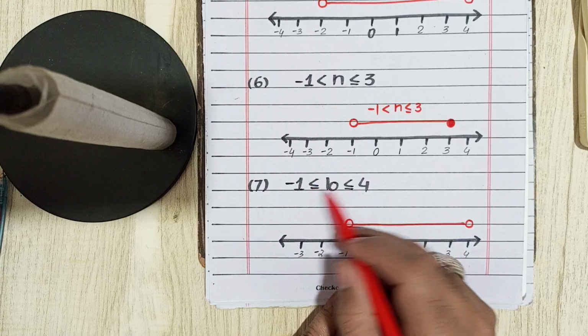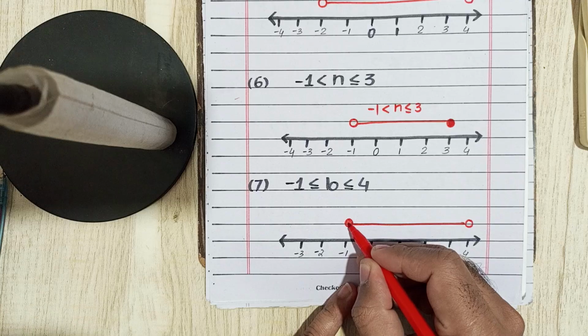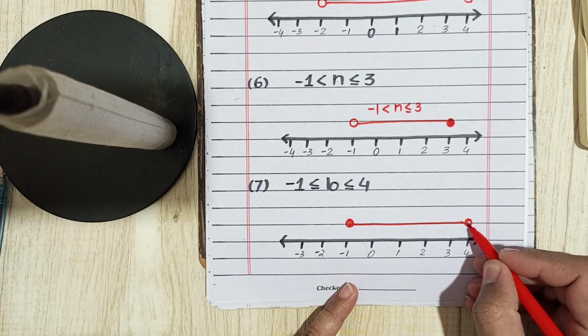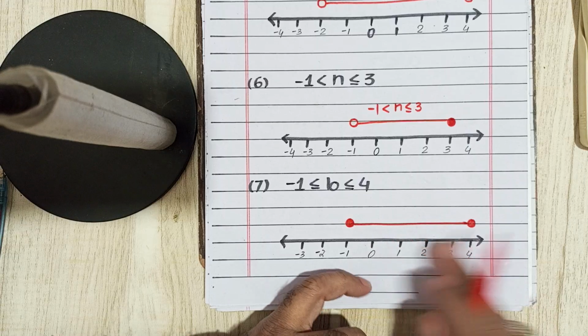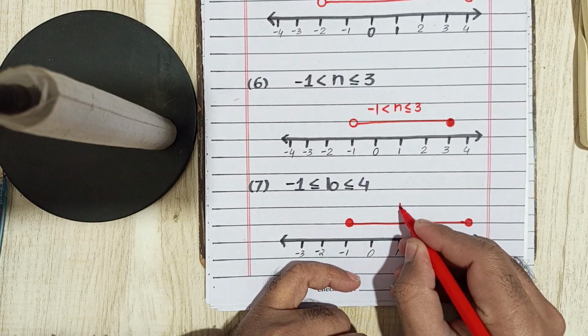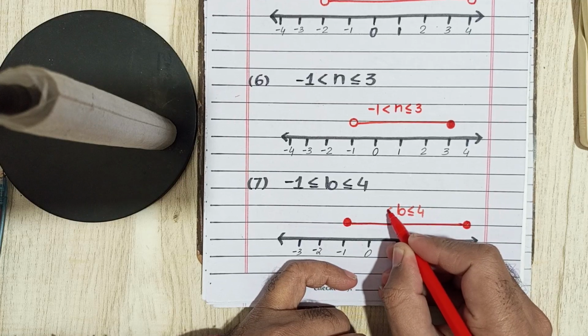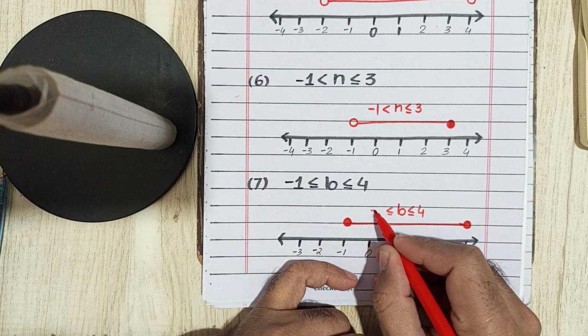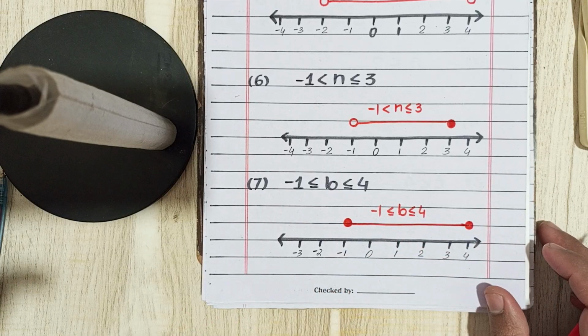So both have less than or equal to sign, so here we have a close interval. So we have a closed circle. So this line represents b less than or equal to 4 and greater than or equal to minus 1. So I hope you got it.